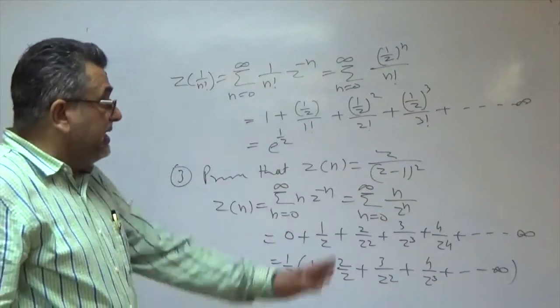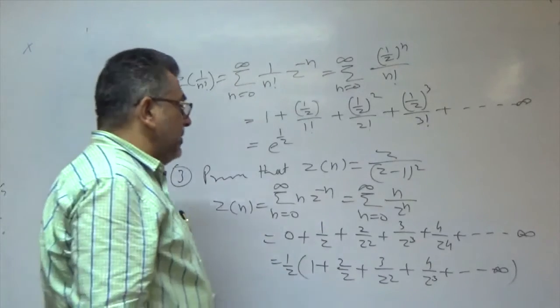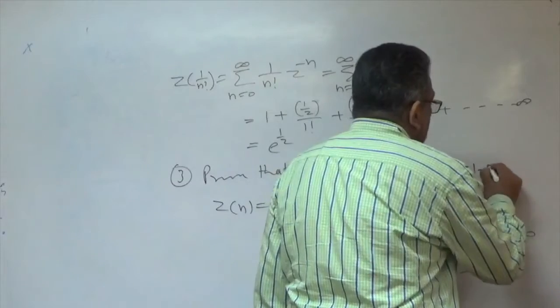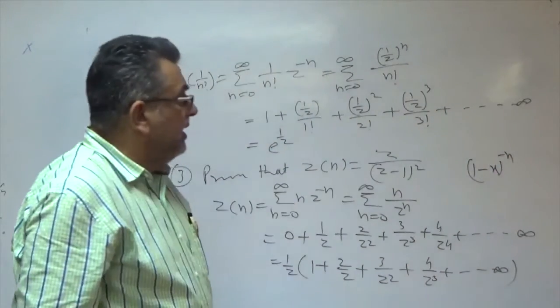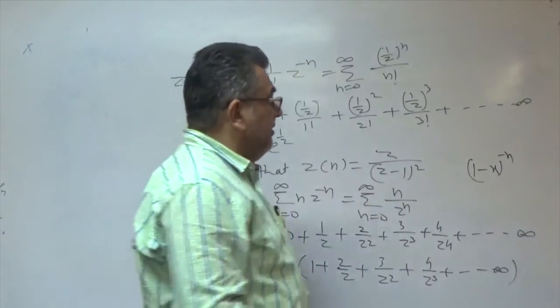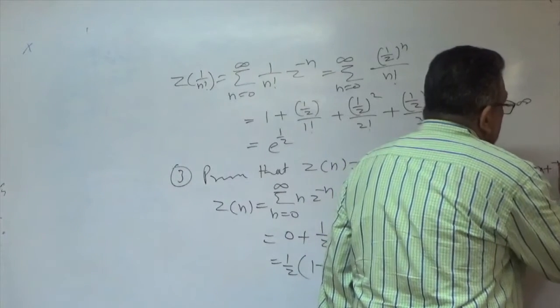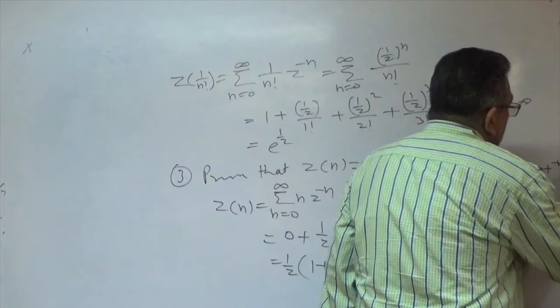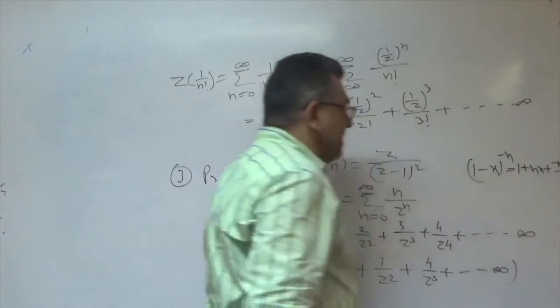If you see this series, this is a simple binomial series, and if such a type of series with minus n, you can expand it in the form of the binomial series, then you get 1 plus nx plus minus n into minus n minus 1 upon factorial 2 x square plus so on, right?